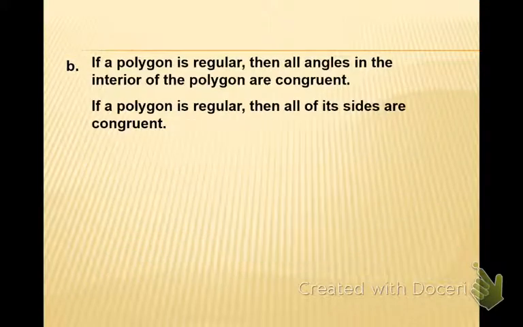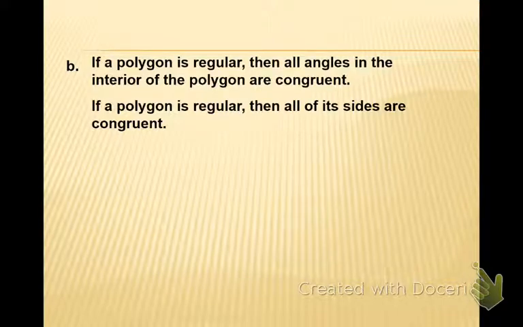Now, if possible, use the law of syllogism. Second example, if a polygon is regular, then all angles in the interior of the polygon are congruent. If a polygon is regular, then all of its sides are congruent. Can we use the law of syllogism here?